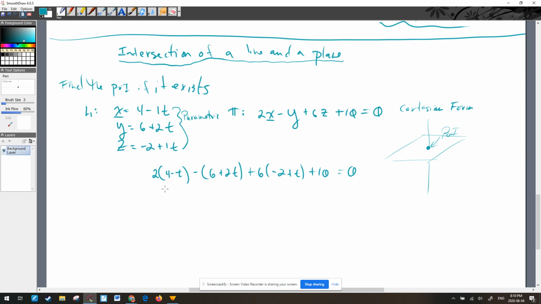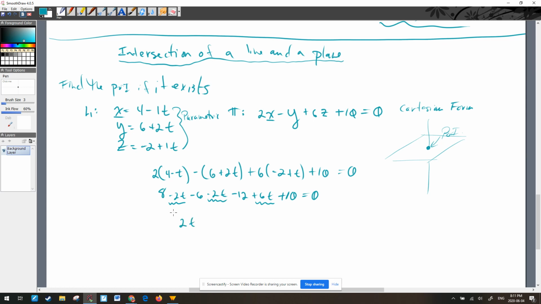So we're going to expand, we're going to distribute, so we're going to have 8 minus 2t minus 6 minus 2t plus, minus 12 plus 6t plus 10 is equal to 0. And so we're going to gather my like terms. Negative 2t minus 2t is negative 4t, plus 6t is 2t.